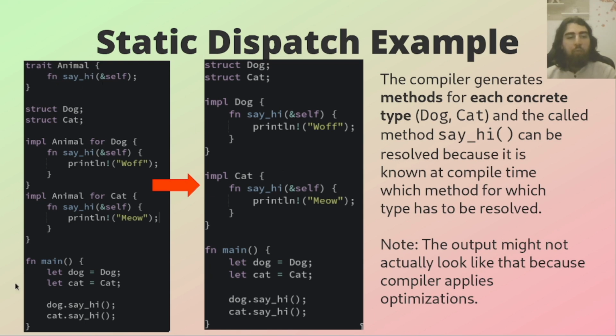And when we then run this program, then the compiler will actually generate methods for each concrete type, in this case dog or cat, because then the say hi method we are calling here on the dog and cat instance is known at compile time. So the compiler then knows when we call the method on the dog or cat instance which method has to be resolved for which type.